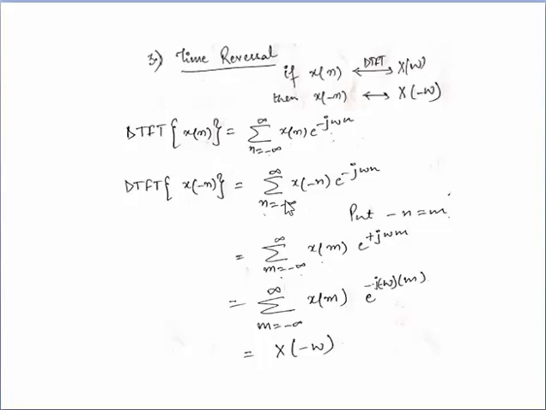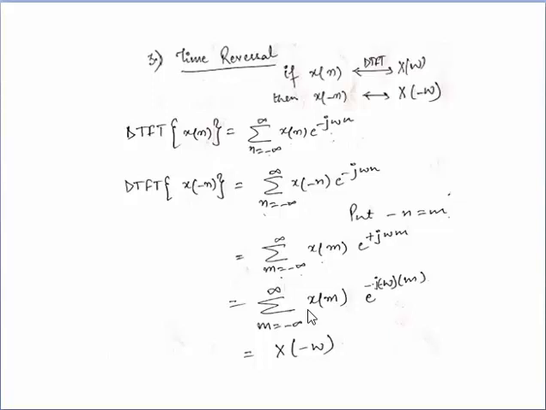Now put minus n is equal to m. So the equation becomes summation m tends to minus infinity to infinity x(m) e raised to power jωm. To find out the time reversal, we have to expand this equation in terms of DTFT.